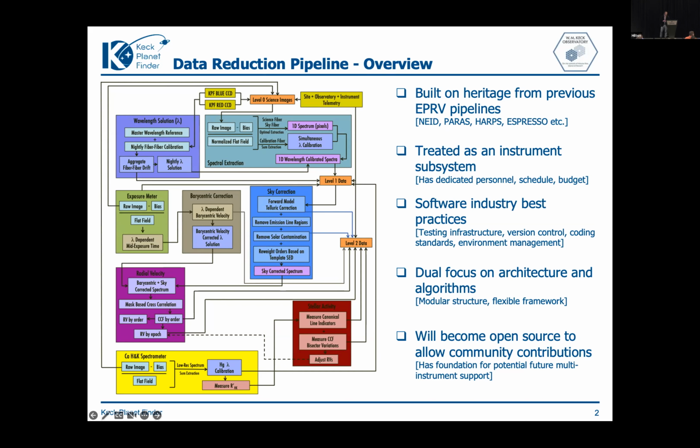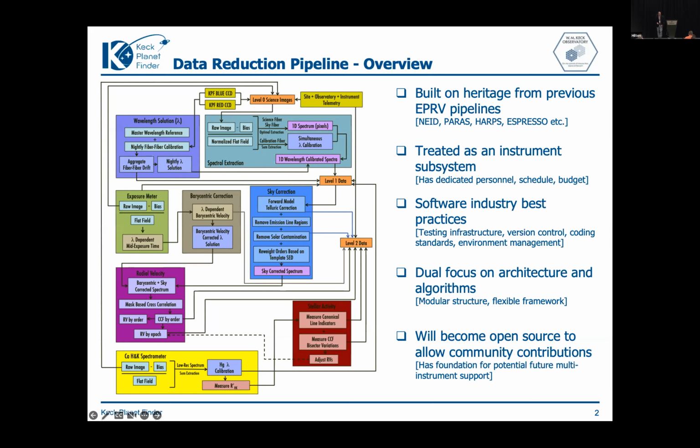We also will calculate some canonical activity indices from various activity indicators in the spectra. We're not going to do any sort of correction on the actual data, but we're going to include those activity indices with the final data products.